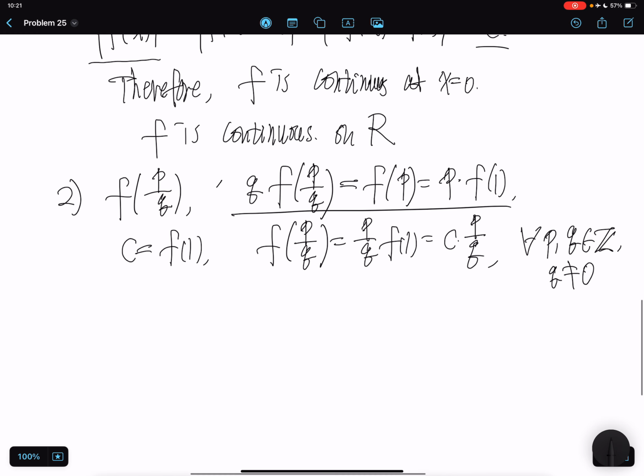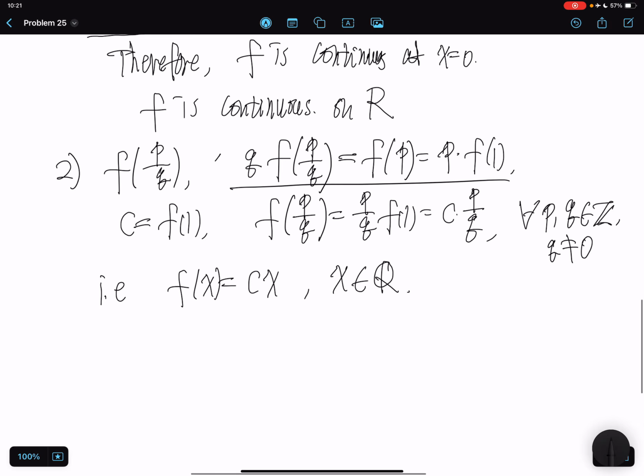So this gives us f of x equals c times x when x is a rational number. Now because f of x is continuous on R, it's easy to extend this from rational numbers to any number.